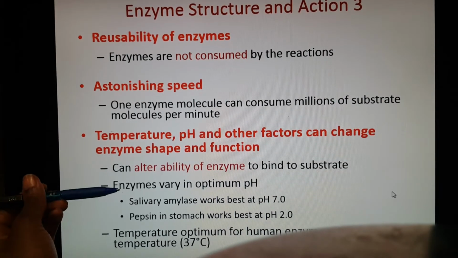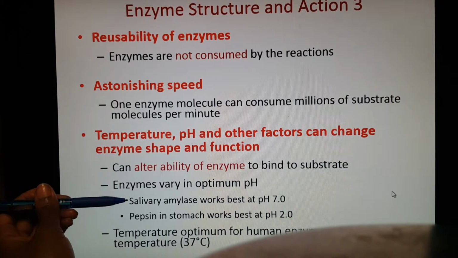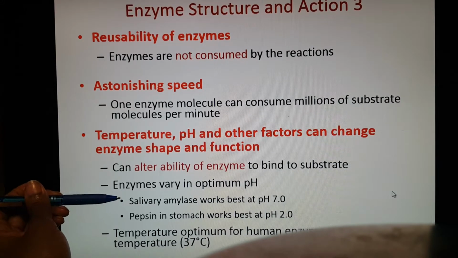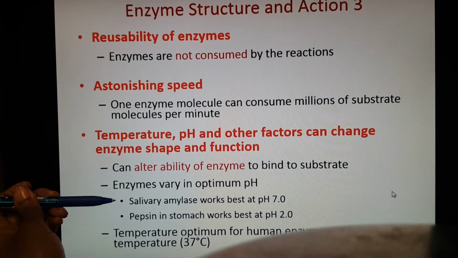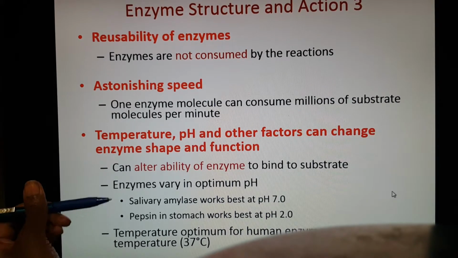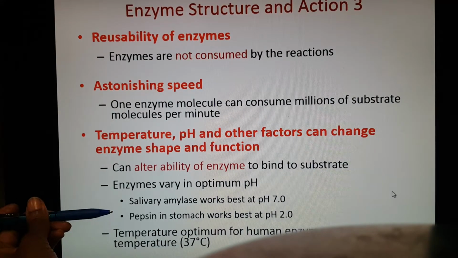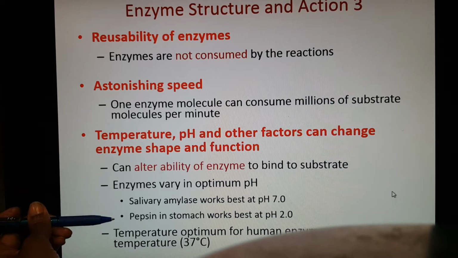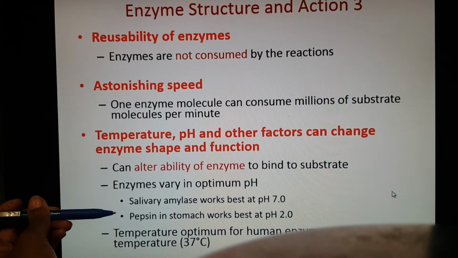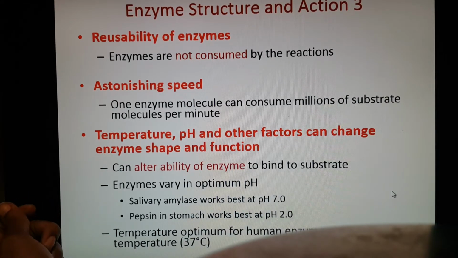Here we have two different enzymes. Salivary amylase breaks up starch inside your mouth. Inside your mouth has a neutral pH, and so salivary amylase works best at a pH of 7. Pepsin, which is an enzyme to break down protein, works inside your stomach, and so it works best at a pH of 2, a very acidic environment with all that hydrochloric acid.